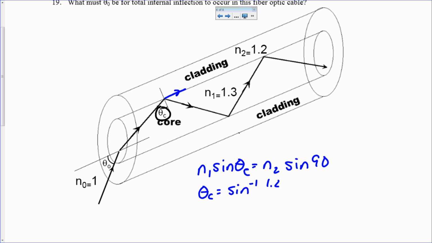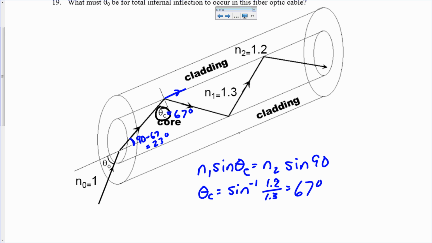It's 1.2 over 1.3. It's 0.92. Oh, I'm sorry, the inverse sine of that: 67 degrees. So that means this angle has to be at least 67 degrees. That means that this angle has to be 90 minus 67, which is 23 degrees.